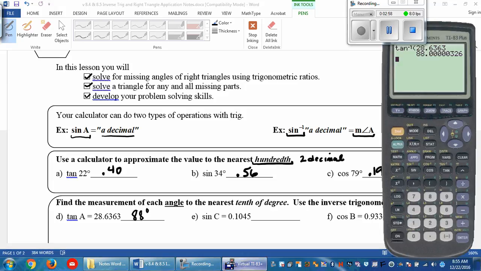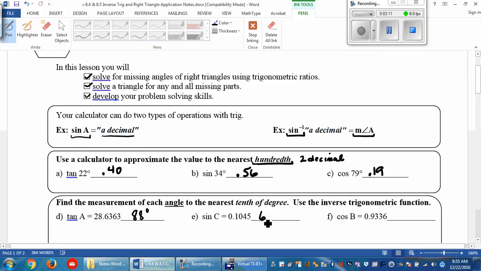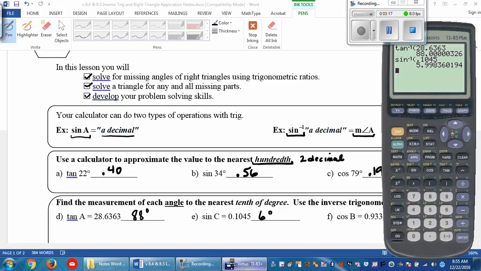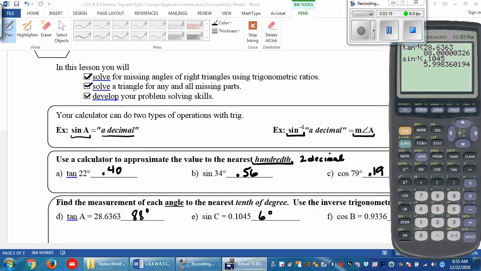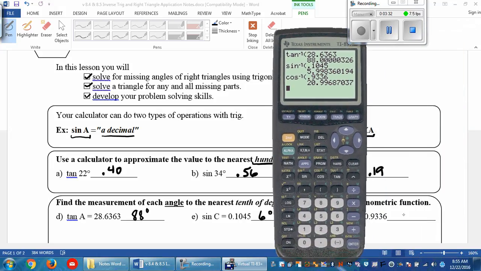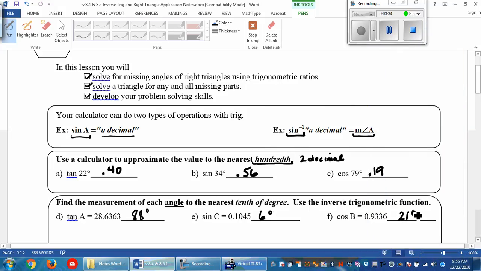Next one, we got the inverse sine of 0.1045, and it looks like it rounds up to 6 degrees. And lastly, we're looking at the inverse cosine of 0.9336, and that looks like it's rounding up to 21 degrees the way it's rounded.